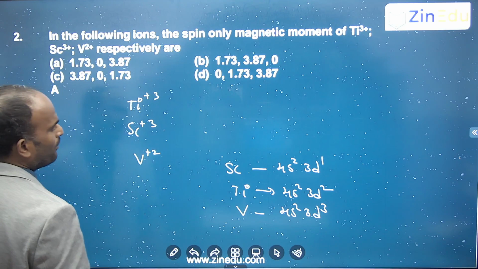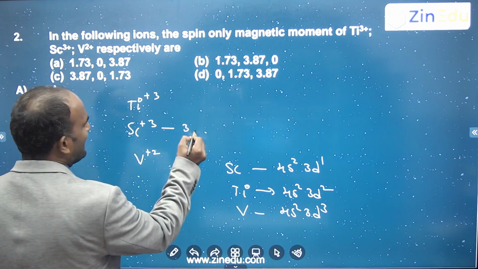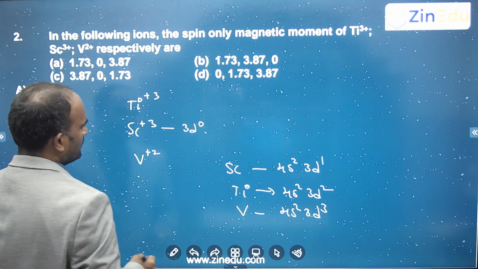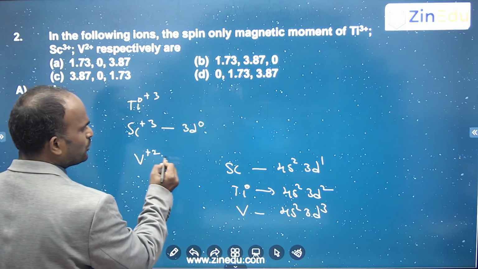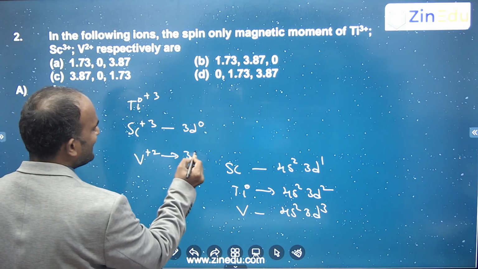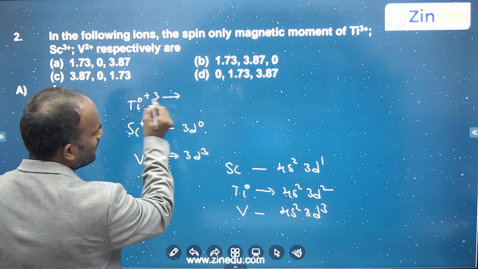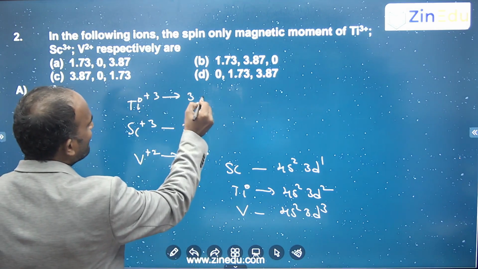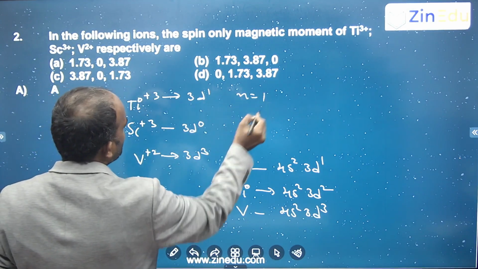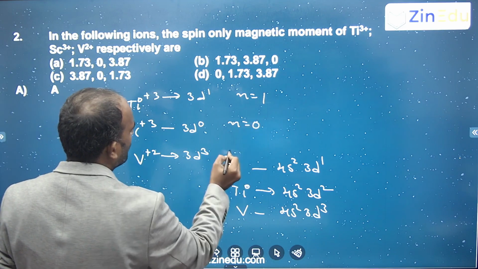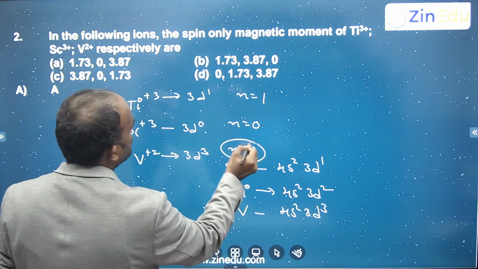Now scandium plus 3 is 3d0. When it comes to vanadium 2 plus, this is 3d3, and titanium plus 3 is going to be 3d1. Number of unpaired electrons are 1, 0, and 3 respectively.